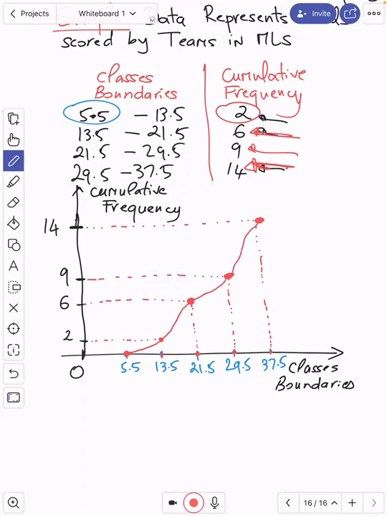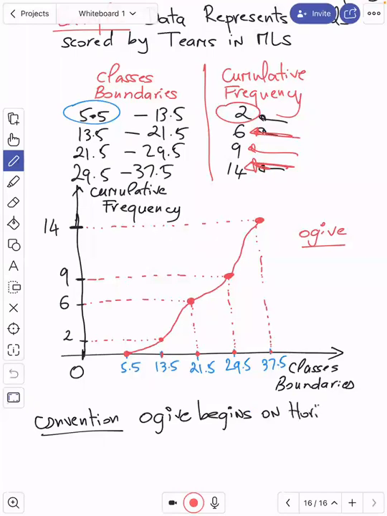Okay, and that will be your ogive. As I said, by convention, guys, your ogive begins on the horizontal axis at the lower class boundary, the lower boundary of the first class.